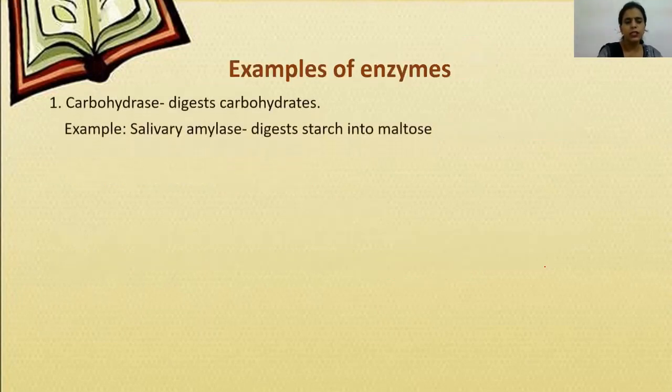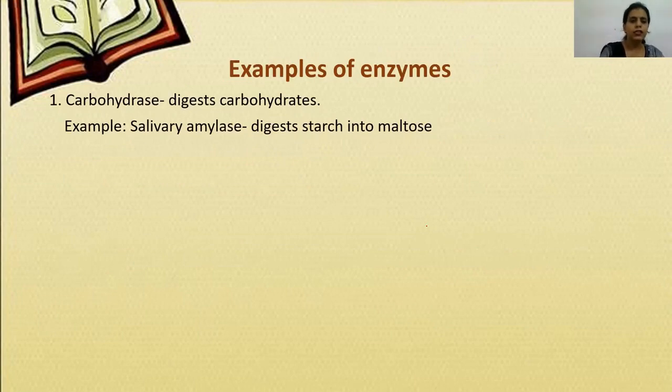The first example is carbohydrase. As the name suggests, it is the enzyme which helps in the digestion of carbohydrates. Example: salivary amylase. Salivary amylase is present in our saliva. This is the enzyme which digests the starch present in the food.